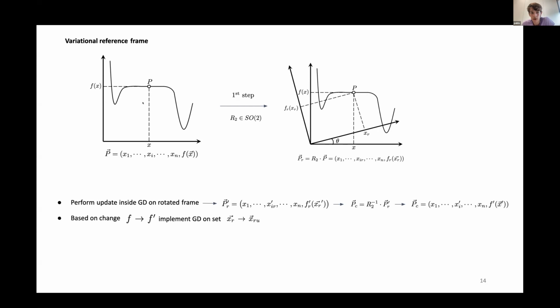You have this barren plateau in the original frame, you go to the rotated reference frame, you get a point described in the rotated variables. You can move there, you can collapse the point in the original frame, and you get an updated version of your cost function.